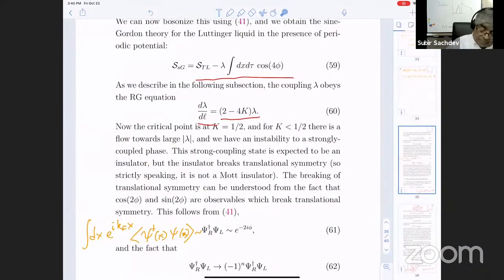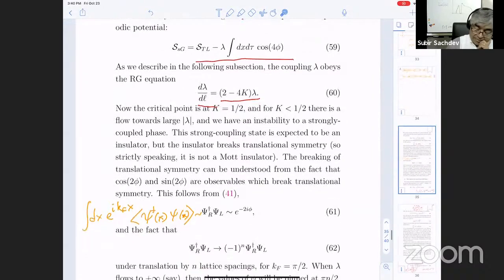So for this particular problem, we see that k equals 1/2, not the free Fermi point, but k equals 1/2. K equals 1 was the free Fermi point. K equals 1/2 is the critical point for this phase transition, where for k less than 1/2, there's a flow to large lambda, and we get an instability to the Mott insulator I just described, either the dimer phase or the charge instability state, which I've already discussed, I guess.